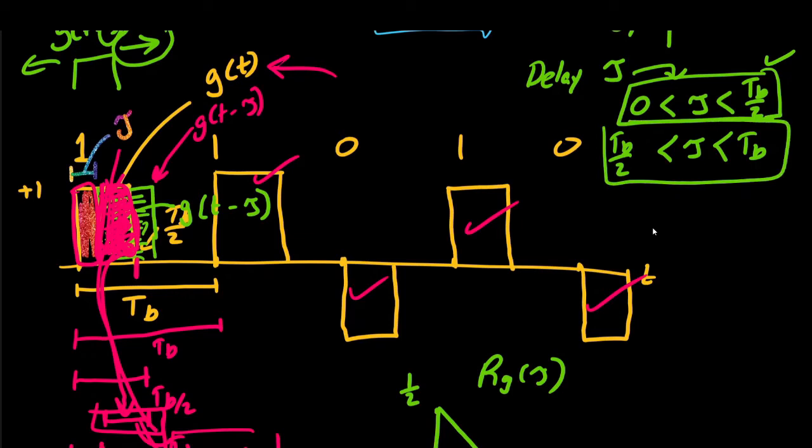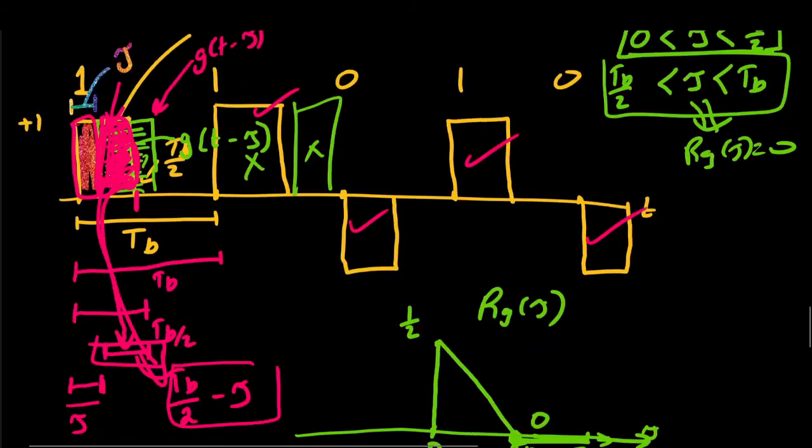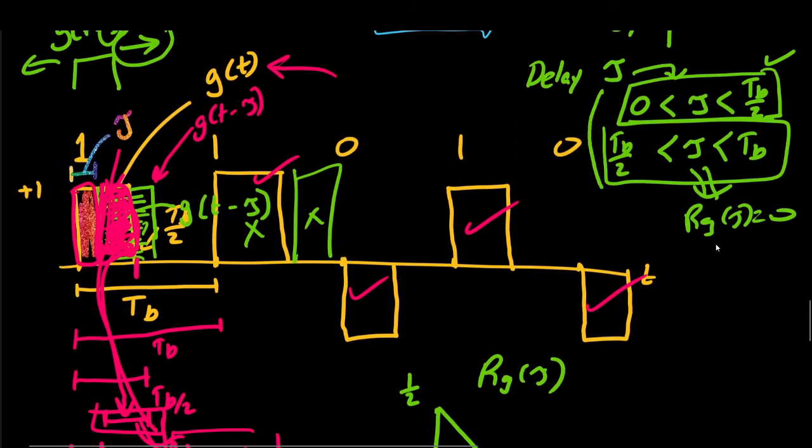Looking into the second part, we have already mentioned that when the delay is over here, there is no overlap between these two. So for this, the autocorrelation function would be equal to 0. So hence we have a 0. But note that the delay also has a third condition, that is when tau is greater than TB.